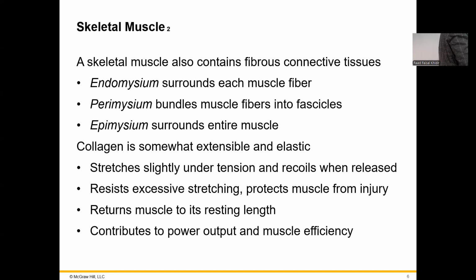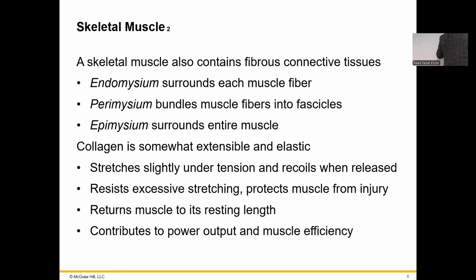Then around the endomysium, you have the zigzag perimysium. Then you have multiple units like that: your muscle fibers surrounded by the black endomysium, and the endomysium is surrounded by the zigzag perimysium.